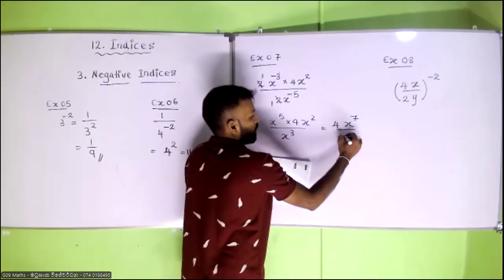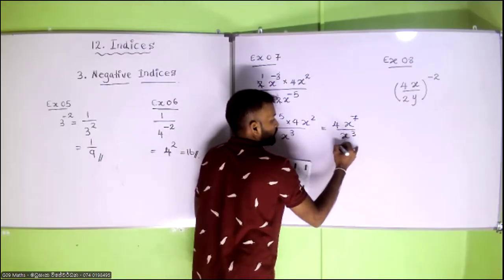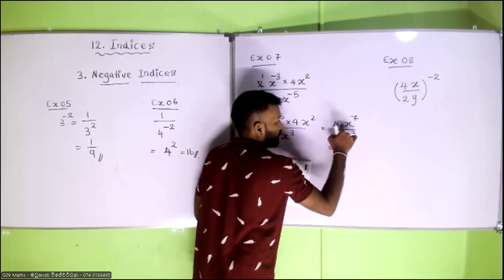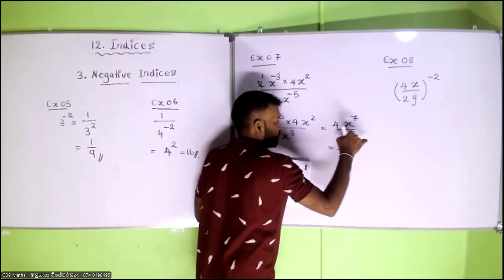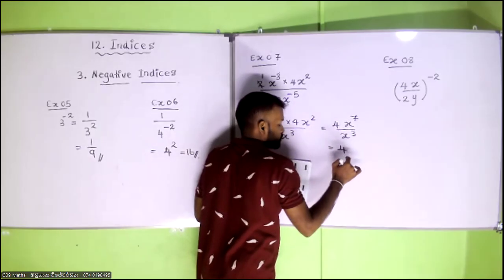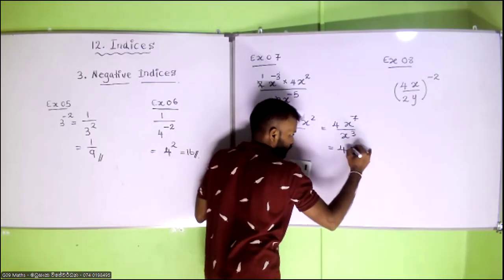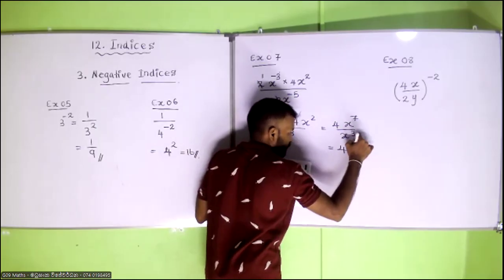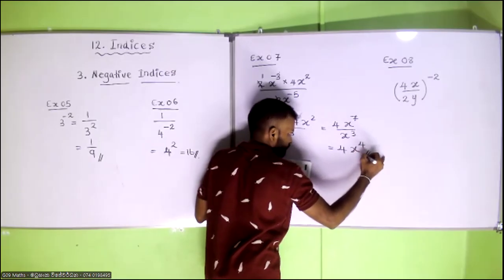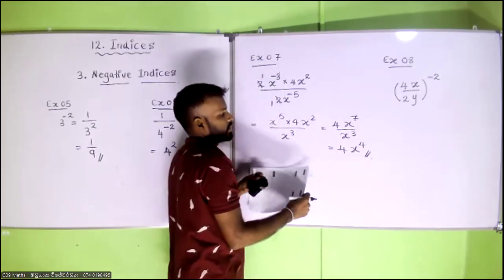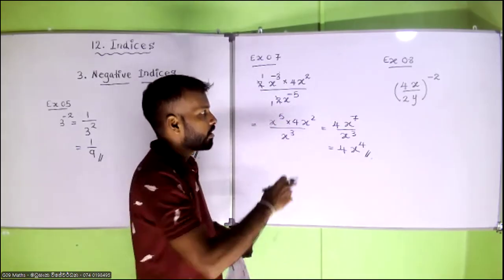Denominator, x to the power 3. 4, x to the power 7, x to the power 3. Divide x to the power 7 by x to the power 3. So x to the power 7 minus 3, x to the power 4. Perfect.